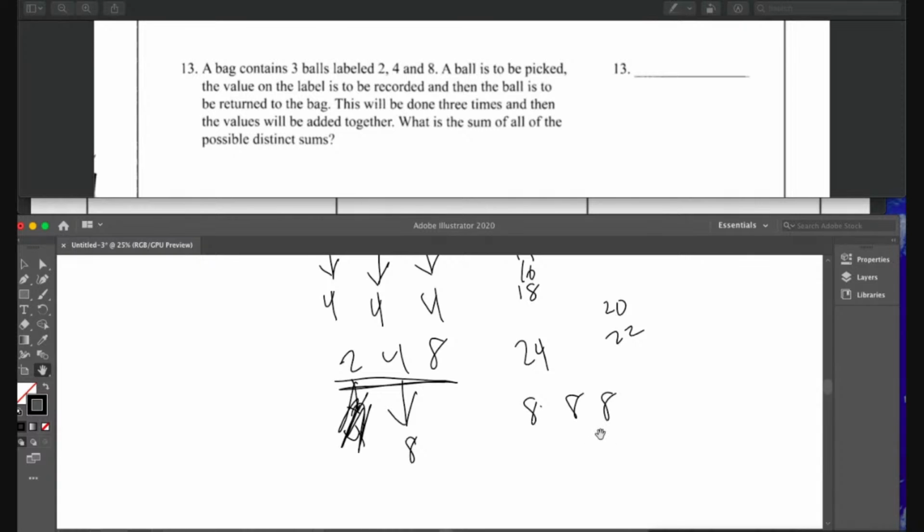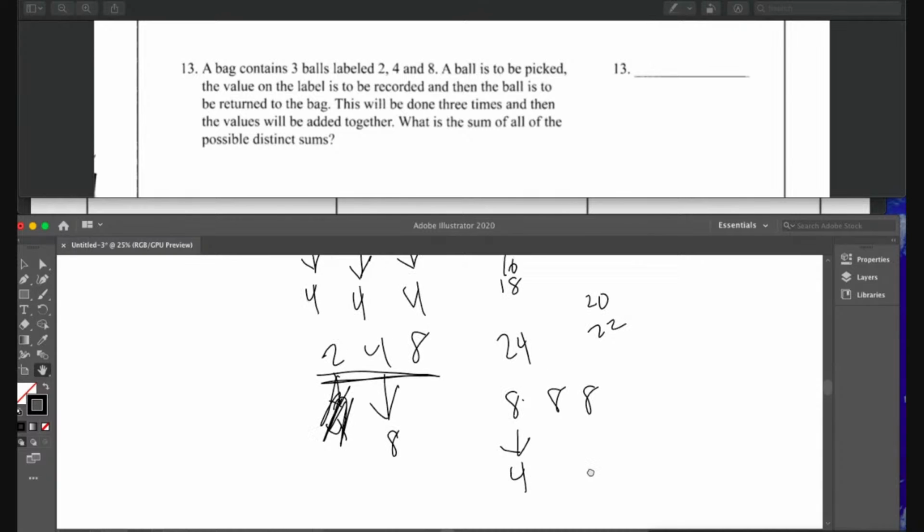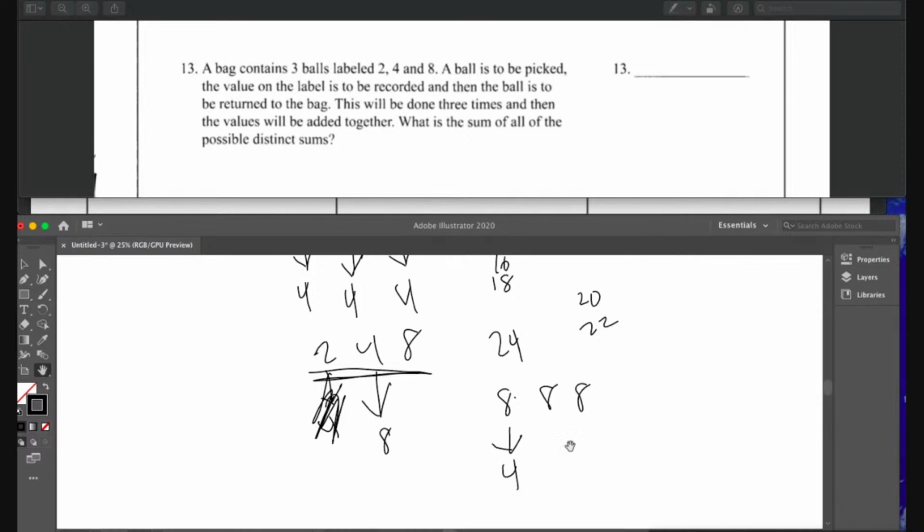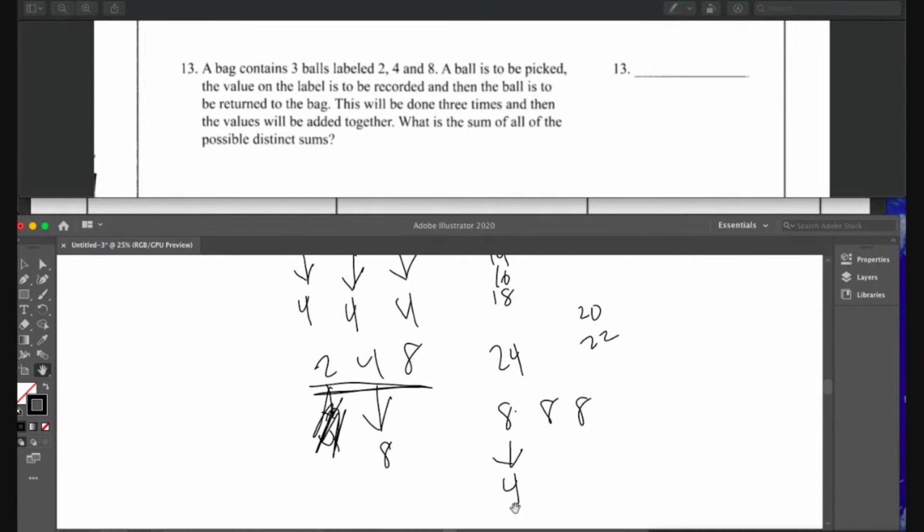And if you want to decrease this but keep it as large as possible, then you would just have to decrease one of these 8s by 4, right? And then this would give you the next largest sum that you can get. And this would have to be 20, right? Because we're decreasing it by 4, so then we're going to get 20.